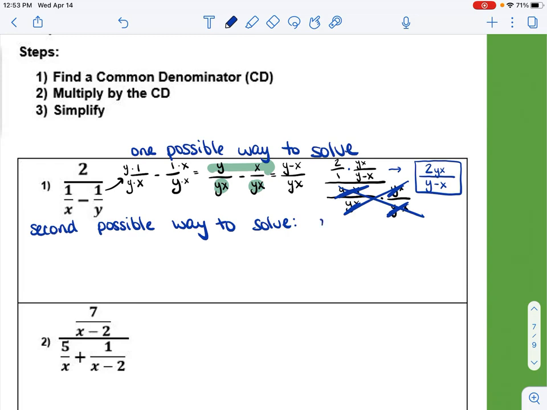Okay, so the second possible way, you need to use the common denominator, or CD.